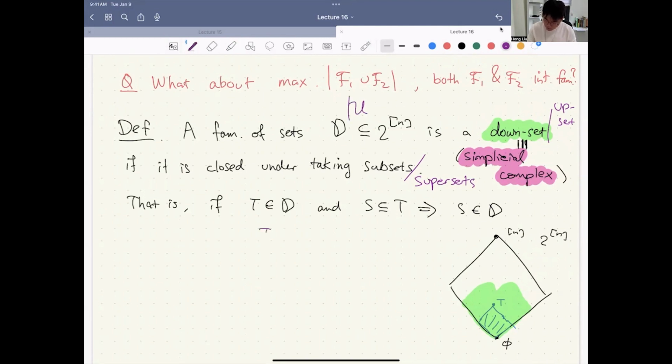So if T is in U and S is a superset of T, then S is also in U. This is the opposite definition, and the upset looks something like this. You kind of flip it upside down.